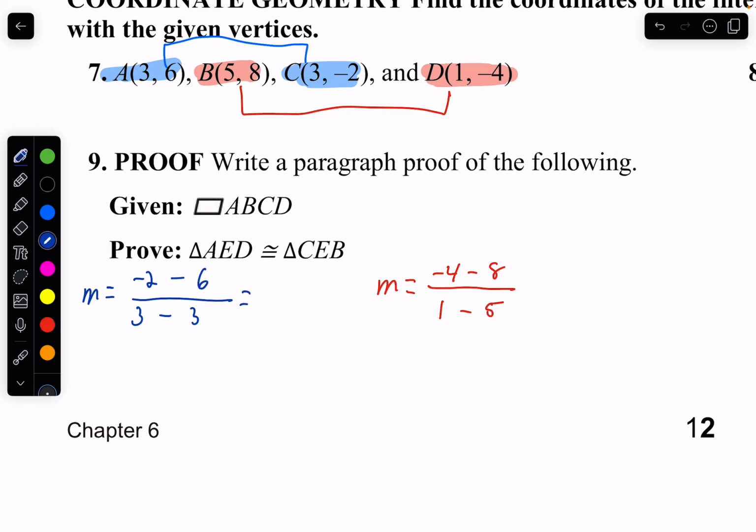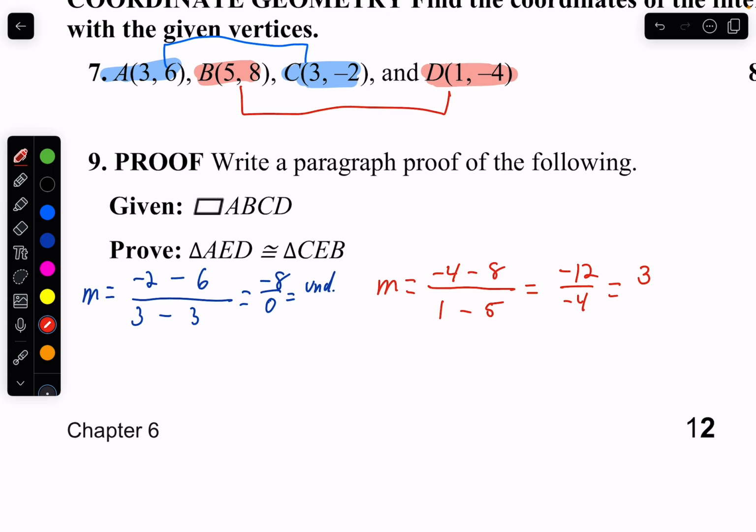So the slope for the blue line is going to be -8 over 0, that means undefined. And for the red line, we have -12 over -4, and that means +3 for the slope.